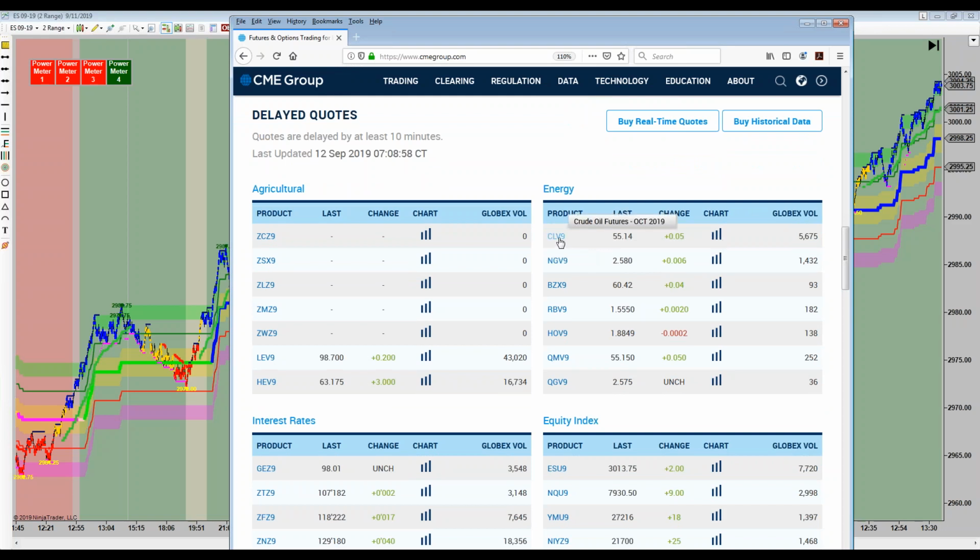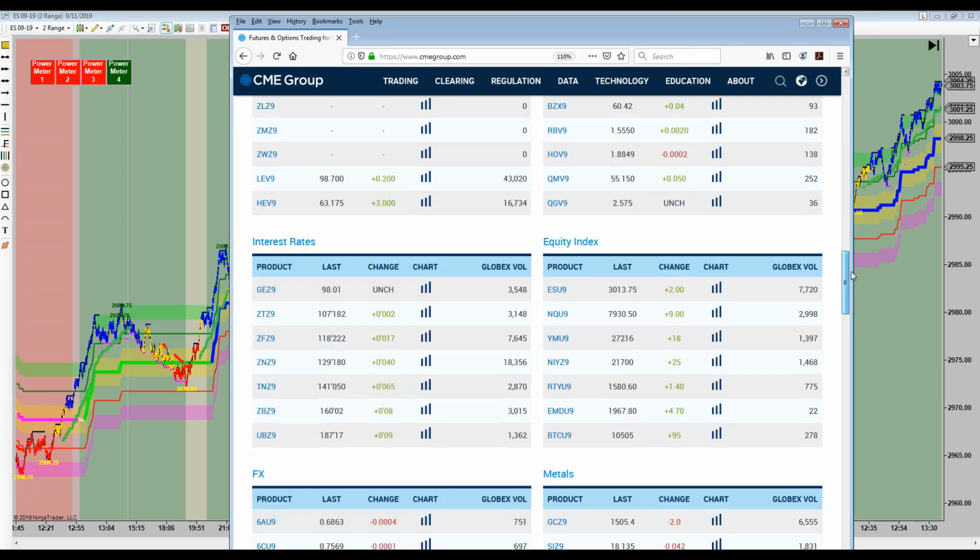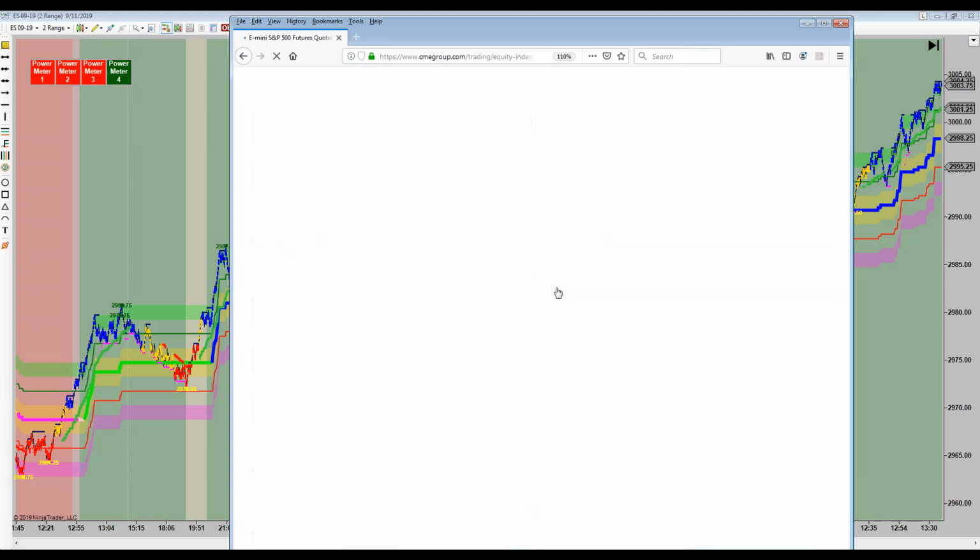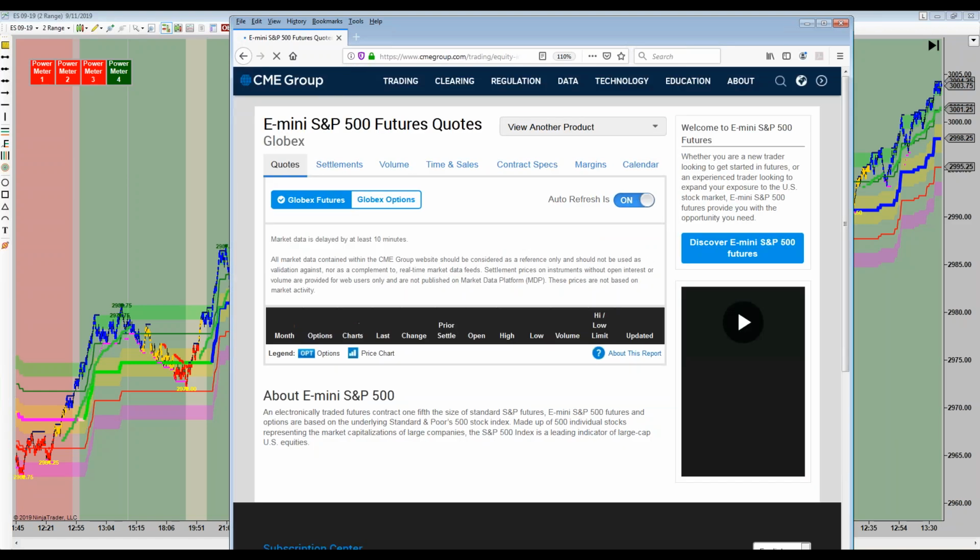Here you can see crude oil futures are still October, and you're going to see a corresponding volume over here. Now, what's going to happen tomorrow is all these equity products, E-mini S&P, NASDAQ, E-mini Dow futures, and the Russell, are all going to roll from September to December, and you're going to see the volume on them also roll.